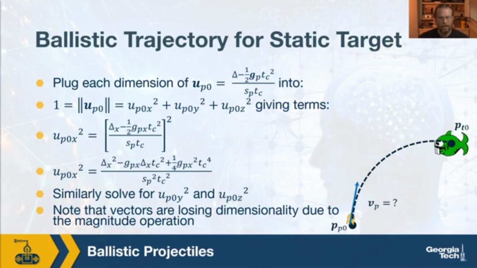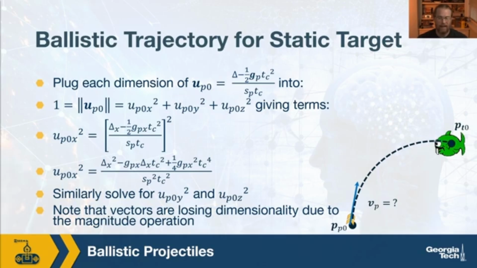One thing that is interesting to note here is that we were working with vectors, but since we have our u vector and we're taking the magnitude of it, any of these vectors we're plugging in are going to reduce from the three dimensions down to a single scalar dimension.